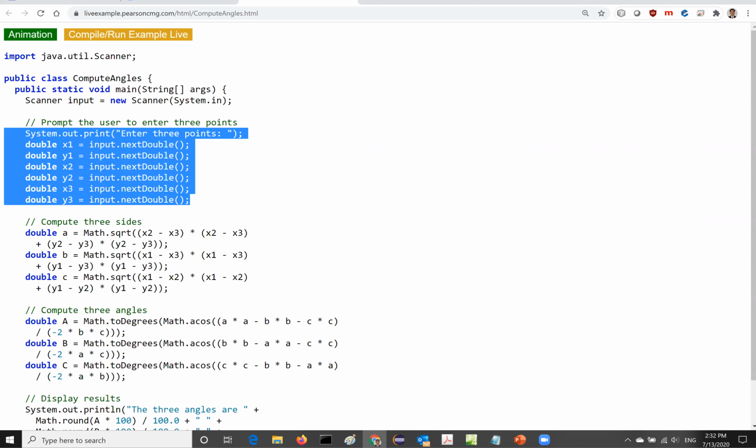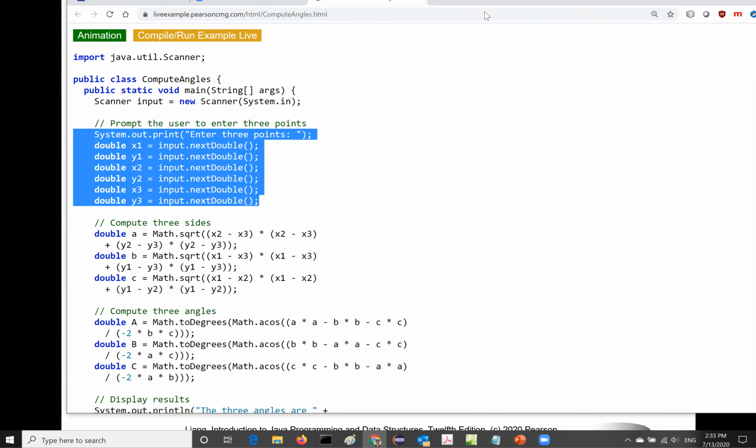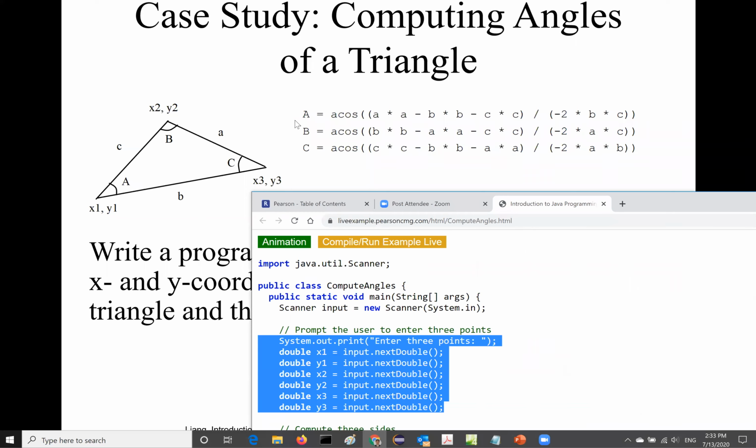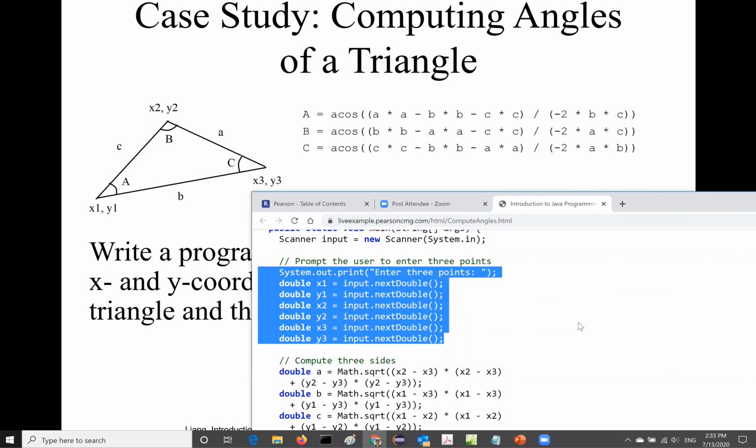Prompt the user for the input. Now we're going to use this formula to compute the angles A, B, and C. So here is the formula. A is the distance between those 2 points.